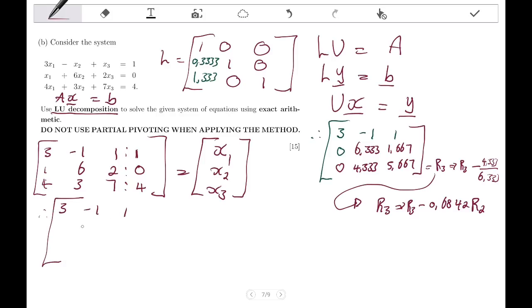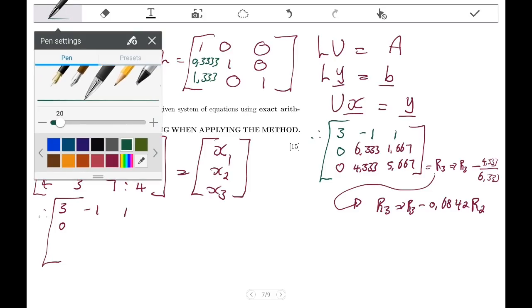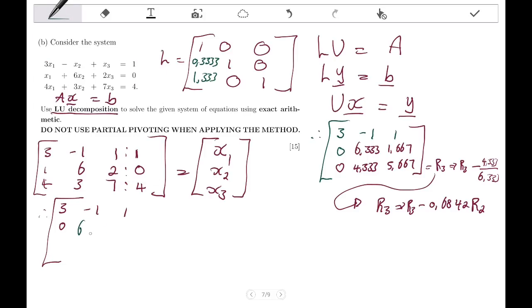Then, using another color, it's going to be 6.33, 1.667, and then here 0 still. And then here it's going to be 0. And then this is going to change to 4.526. So this is our upper matrix.